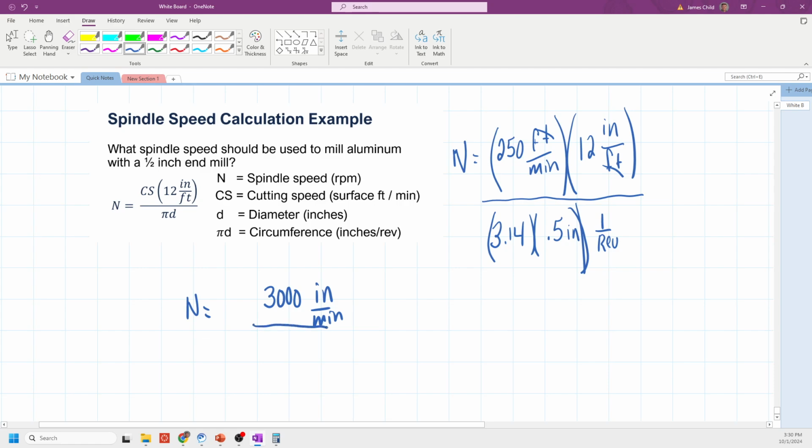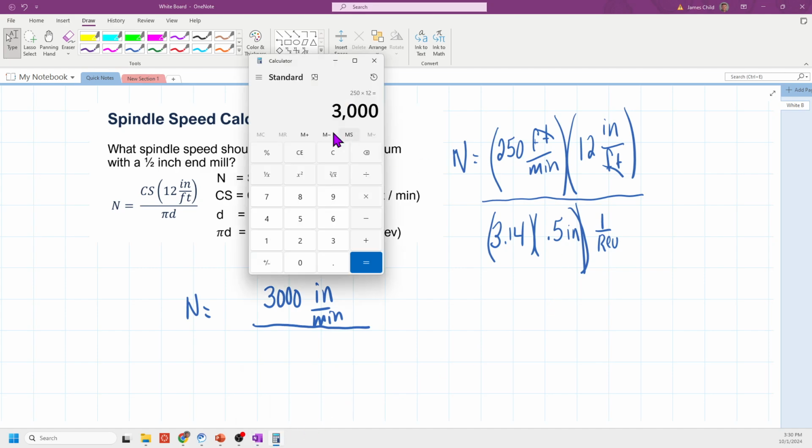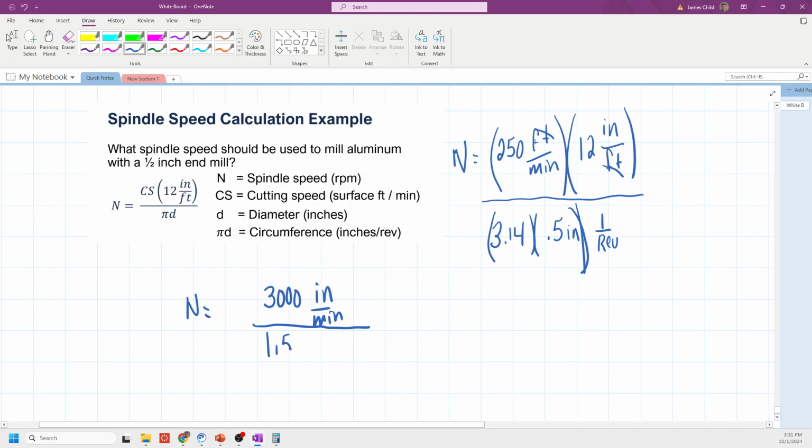And that's going to be divided by 3.14 times 0.5. All right, so that's 1.57, and our units here are inches per revolution.